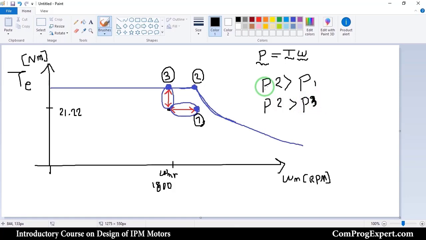So we should consider the worst case, right? So we design the motor to operate at this point in its steady state operation.